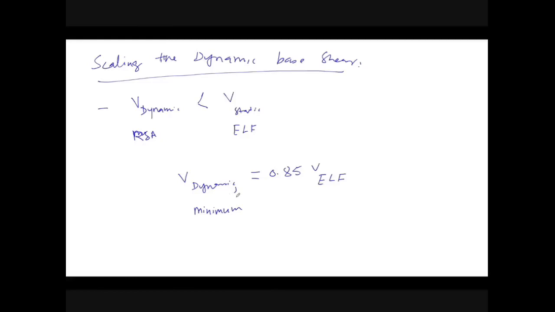But anyway, this is what the code says, that you can take up to 0.85 times the static base shear. So once you reduce the base shear, then you have to multiply each story shear and each floor force with that scaling factor. Okay, so we will use the scaling factor in order to finally correct the story shears.